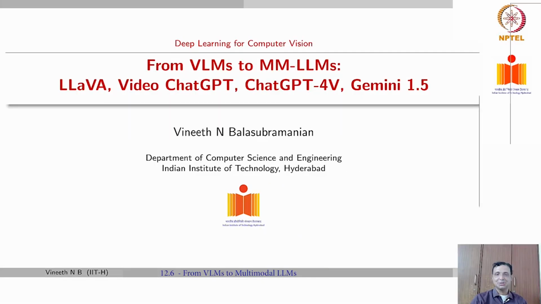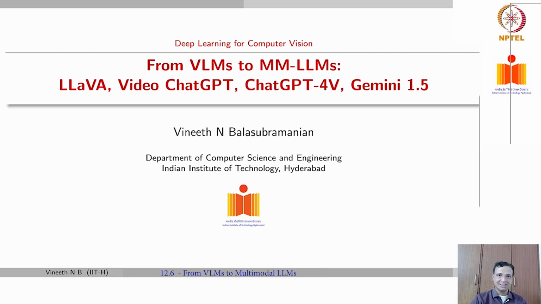For the last lecture in this module, we will go beyond vision language models to even more recent contemporary models, which are called MM-LLMs. Sometimes these are also called LLMs or LMMs.